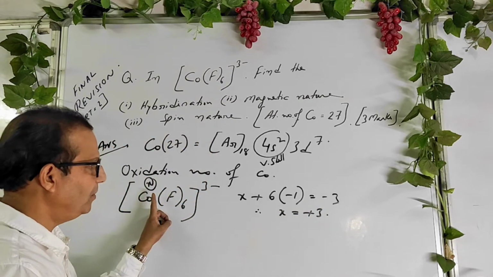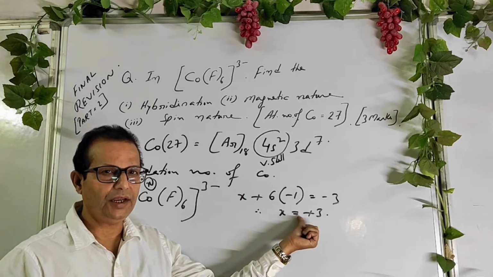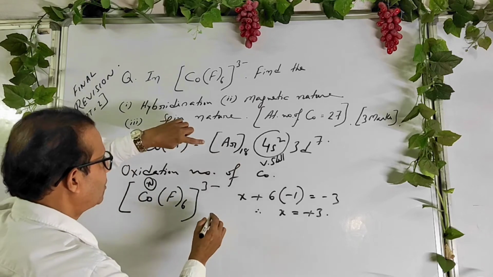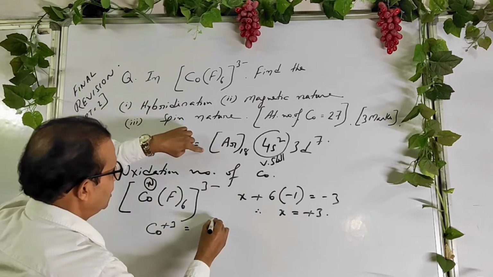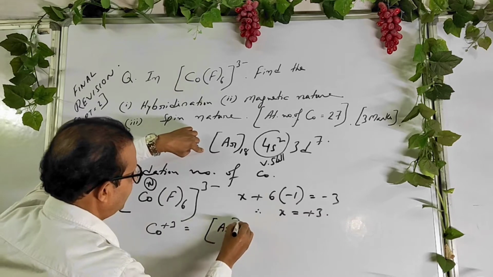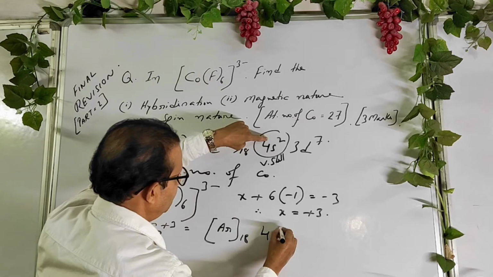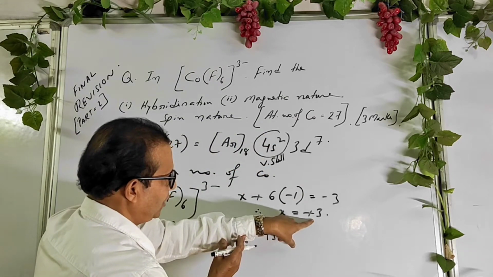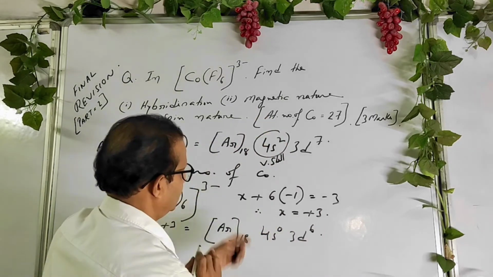So during the formation of this complex, cobalt releases 3 electrons from its valence shell. So the electronic configuration of Co3+ is argon 18, 4s0, because this is the valence shell. We need to remove 3 electrons, so 3d6.